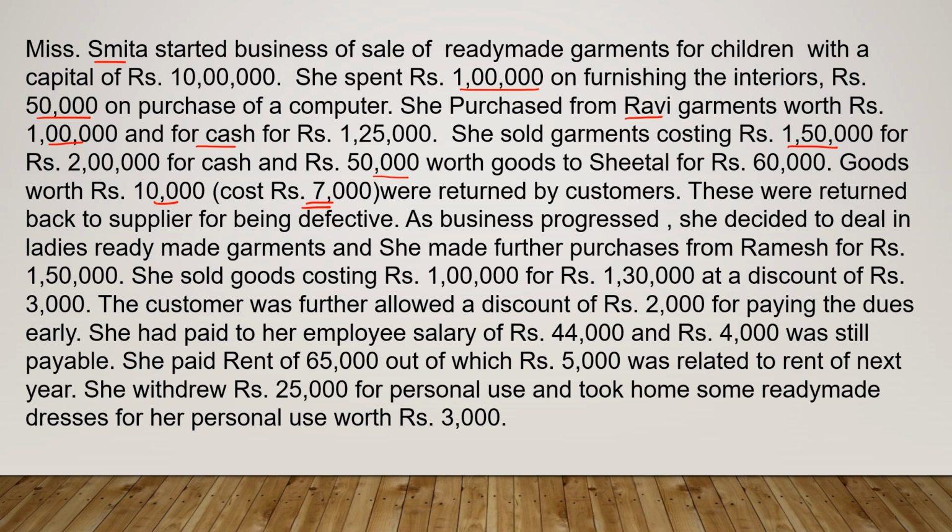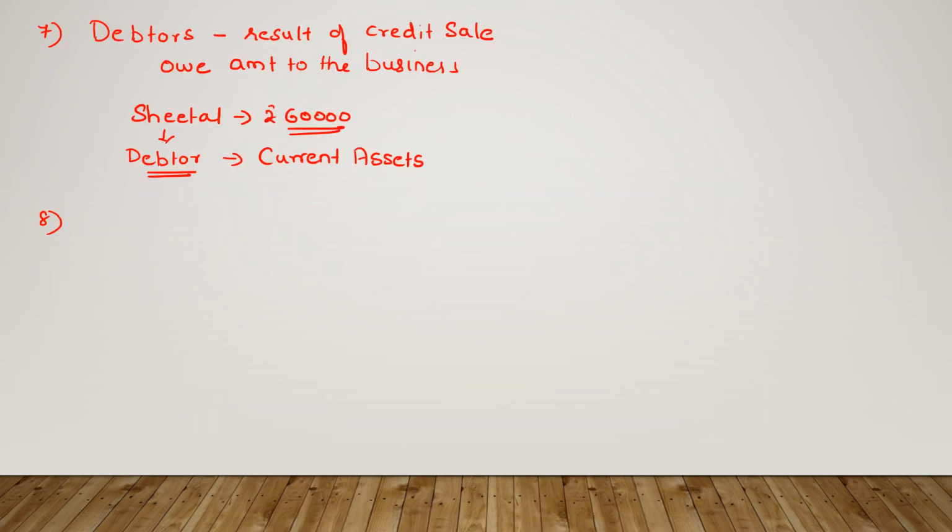So what has happened here is, we will be learning the term purchase return and sales return. What has happened is, there were goods which were sold for rupees 10,000 that have been returned, the cost of which is 7,000 rupees.